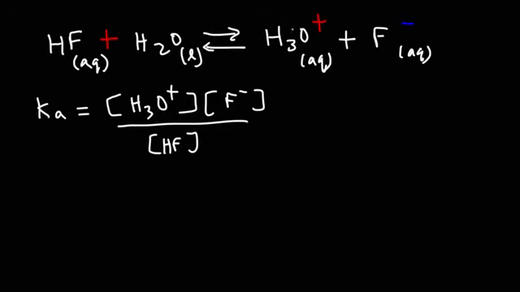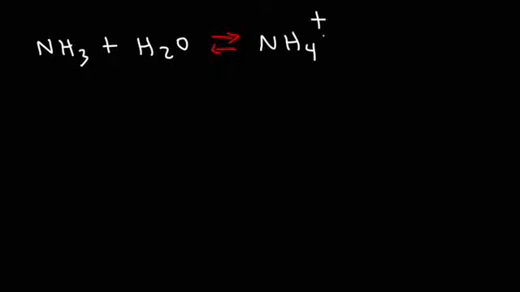Now, once you calculate H3O plus using an ICE table, you can calculate the pH using the equation that we just considered. Now, when dealing with bases, in this case, NH3 is a weak base, you need to use the base dissociation constant, which is Kb.